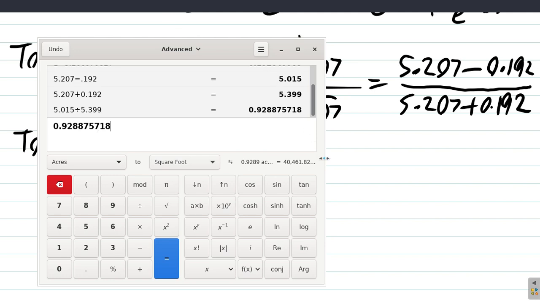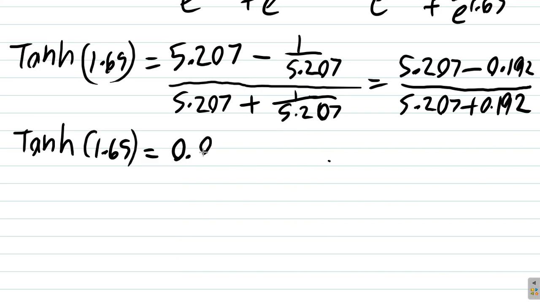So we have 0.929. Now, this is saying that the tanh of 1.65 is equal to 0.929.